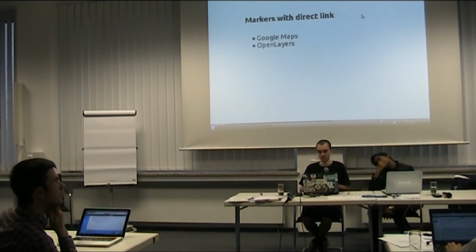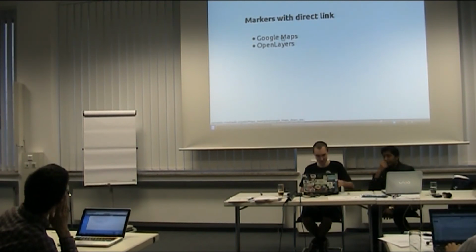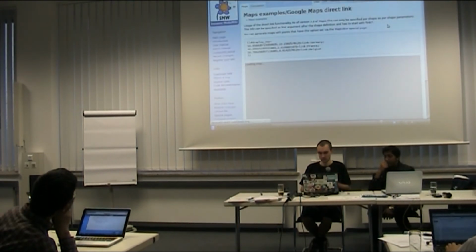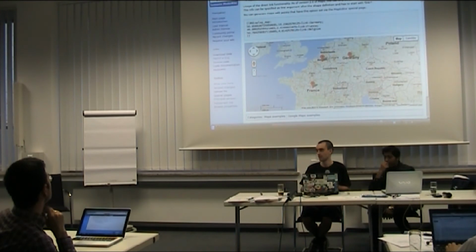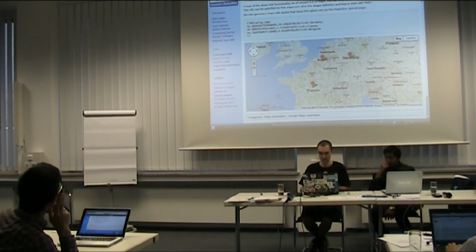Okay, we're almost through all of the cool new functionality. You can see it's quite a bit. We now support markers that link directly to a location. So if you click on them, instead of a balloon opening with additional information, it will take you immediately to the corresponding page.